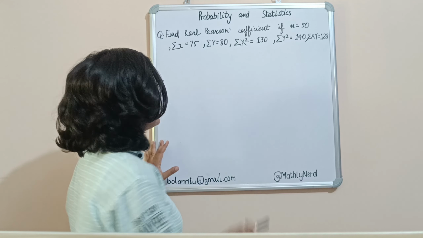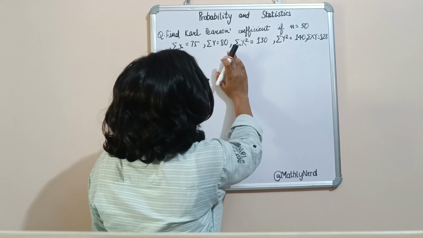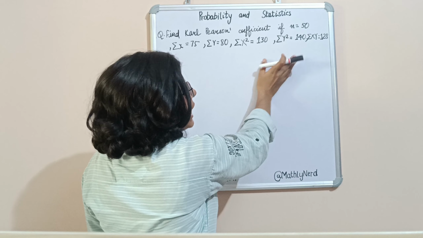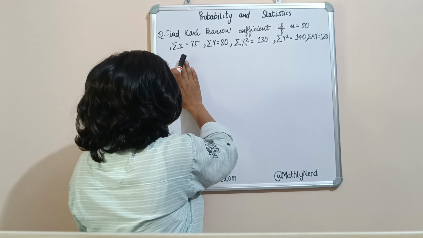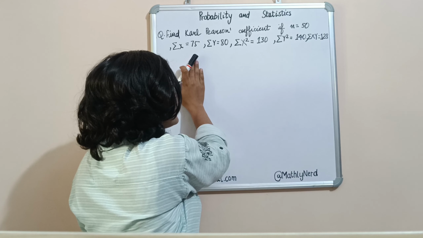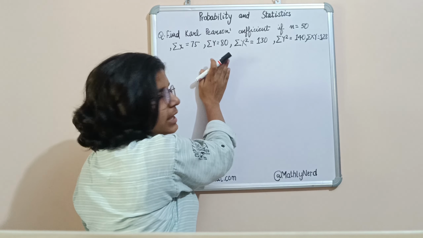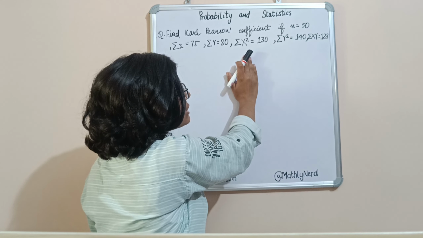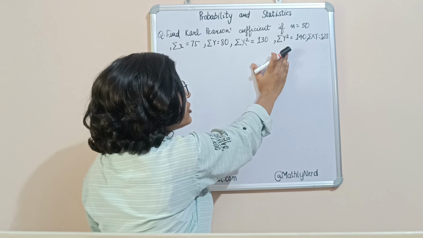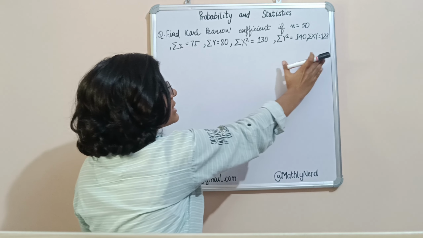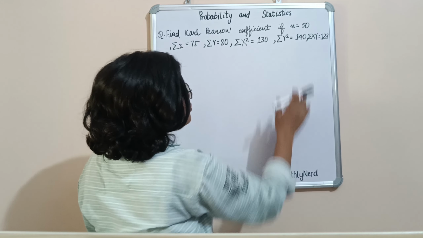Our question is, we have to calculate Karl Pearson's coefficient. Our n equals 50, summation x equals 75, summation y is 80, summation x square is 130, summation y square is 140, and summation xy equals 128.